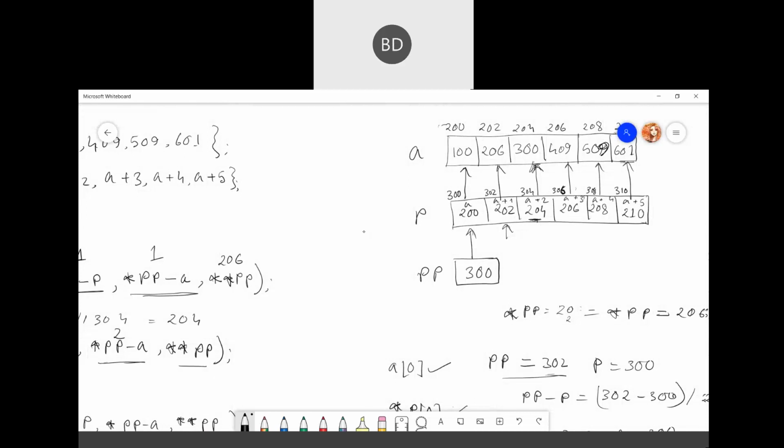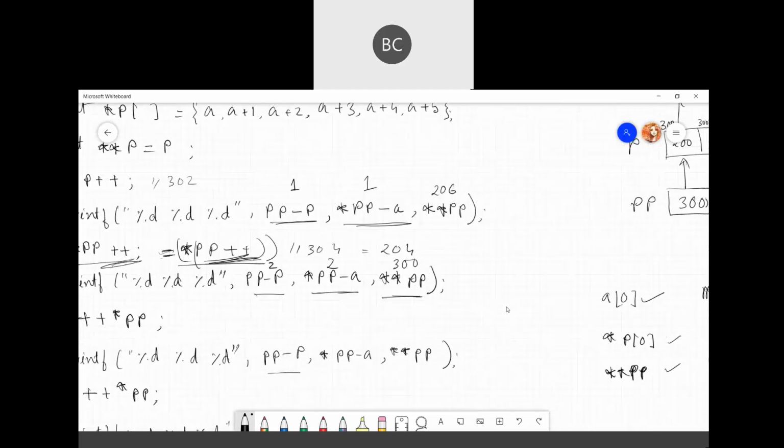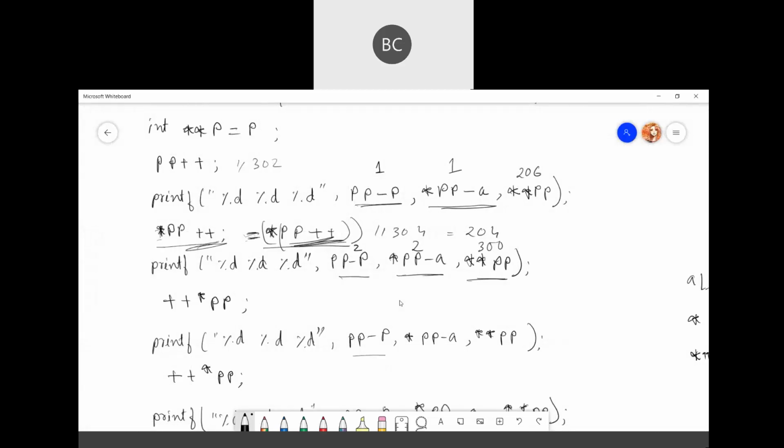The value is 300. So we will get the value: 304, then 204 pointing to 300. So the ultimate answer here will be 300.